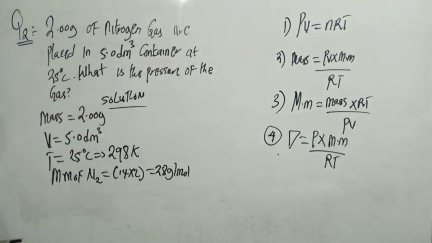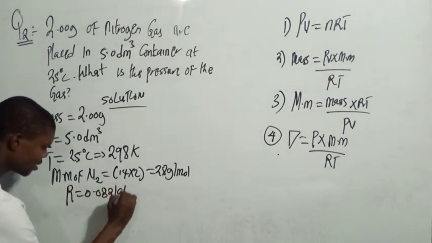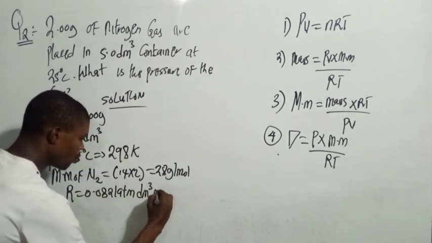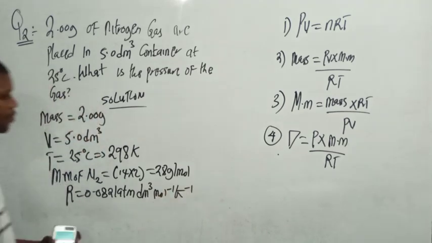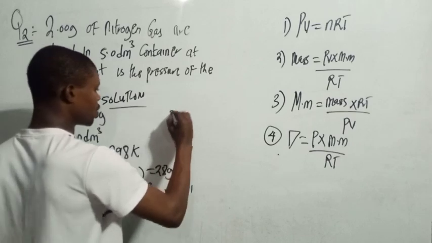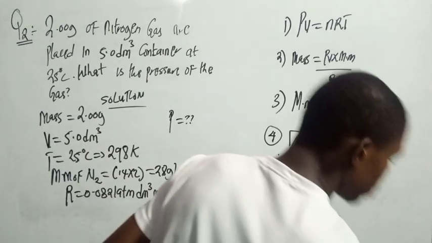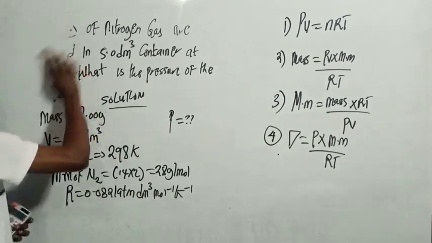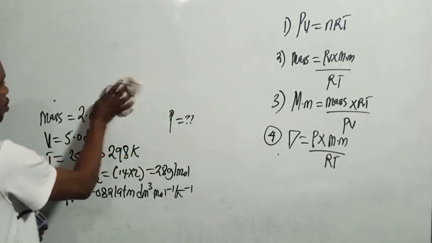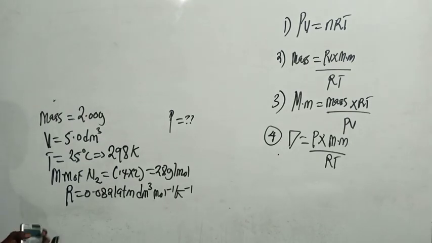Which other thing here? My R is 0.0821 atm dm cube per mole per Kelvin. So I don't need any other again. What I'm looking for is the pressure of the gas. What are we going to use to calculate here?